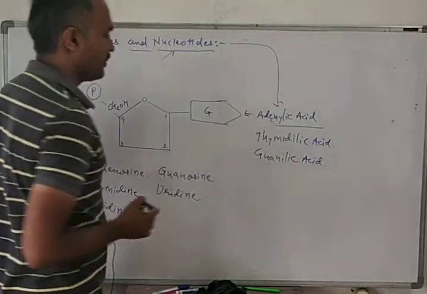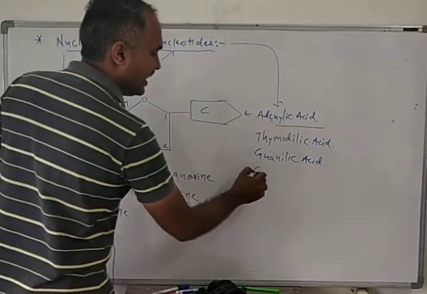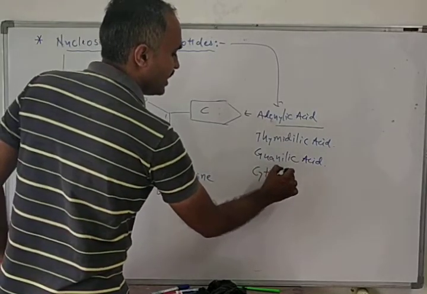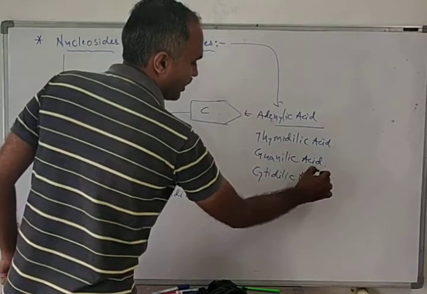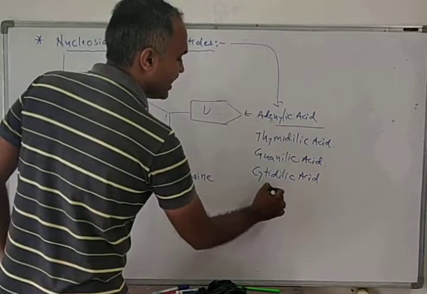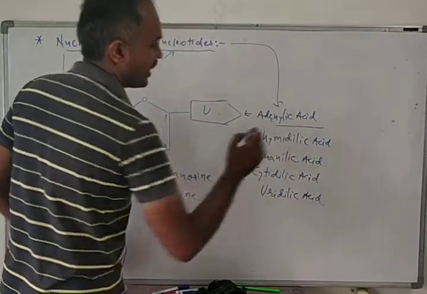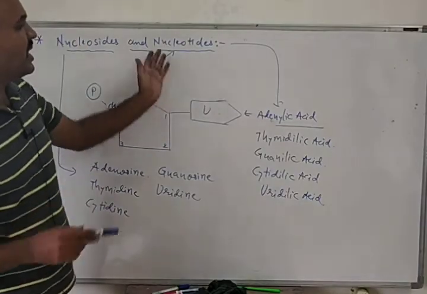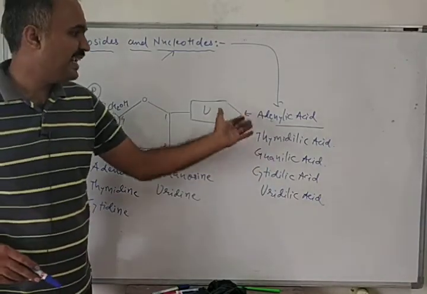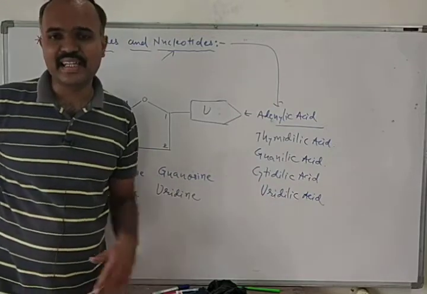If cytosine is there, then cytidilic acid. And if uracil is there, then it is known as uridilic acid. So these are known as nucleotides: adenylic acid, thymidilic acid, cytidilic acid, guanilic acid, uridilic acid.